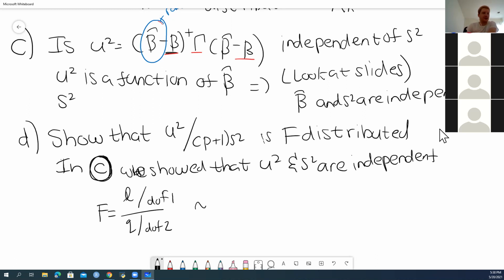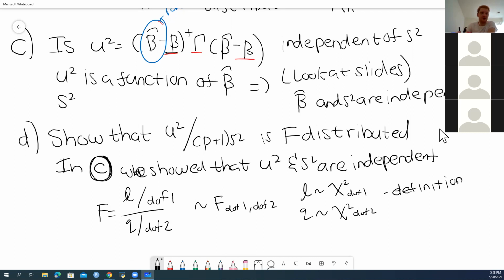And this will be distributed as F of degrees of freedom 1, degrees of freedom 2, and we need L to be distributed as some chi-squared of degrees of freedom 1, and Q to be distributed as some chi-squared of degrees of freedom 2. So this is the definition of an F distribution. It's the ratio of two independent chi-squared distributions, each divided by its degrees of freedom.